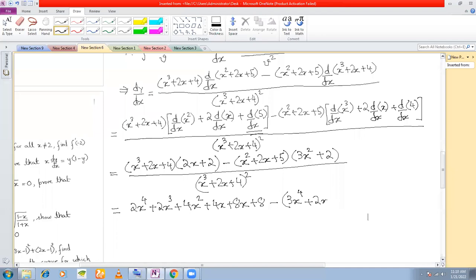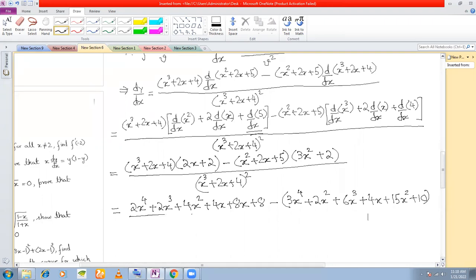plus 2x square plus 6x cube plus 4x plus 15x square plus 10.